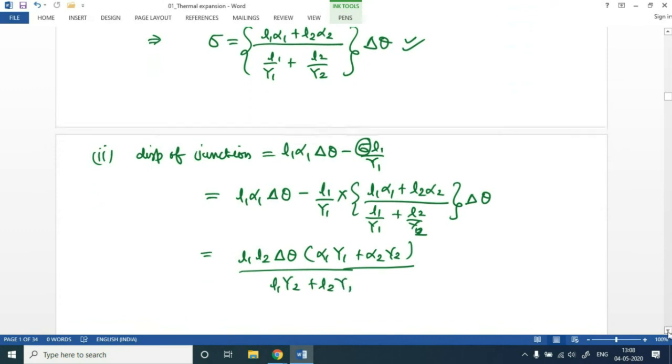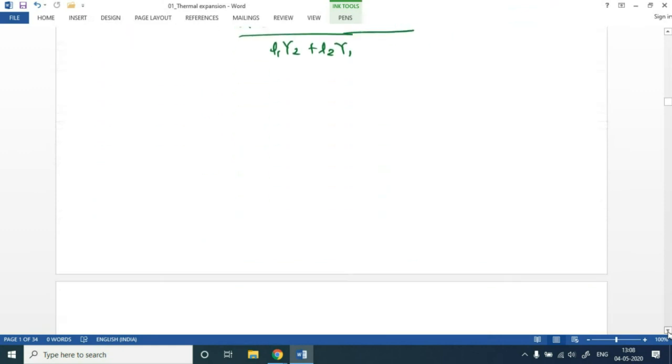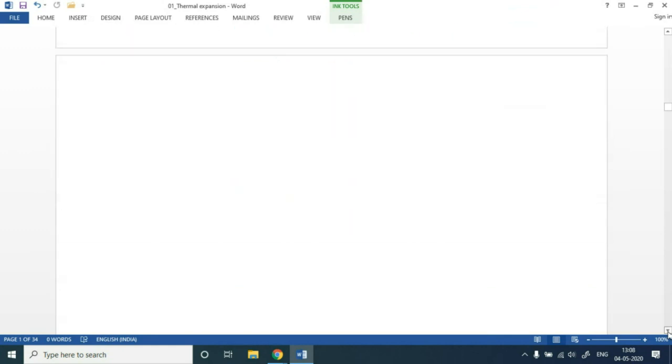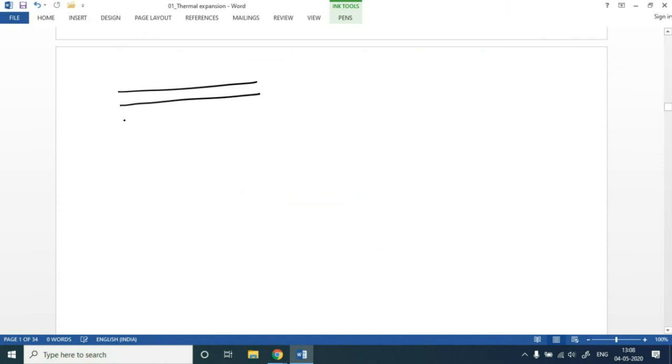Let's look at another famous question very quickly, and this is the trimetallic strip. Say we have a trimetallic strip, meaning a strip made up of three materials, where one material is sandwiched between two other materials.